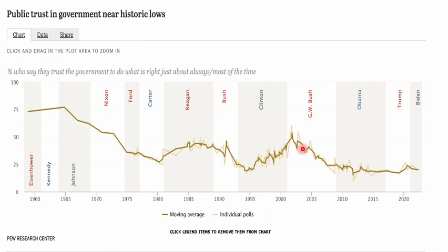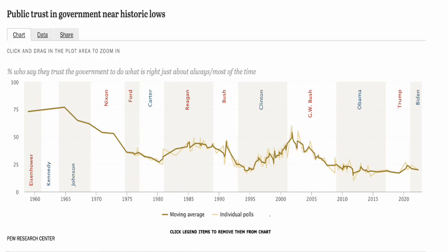From that point forward, George W. Bush goes down, and it basically stays down from that point forward. We just see this decline, with some going up and down, but at least for the last almost 20 years, it's really been in the basement in terms of people trusting government.